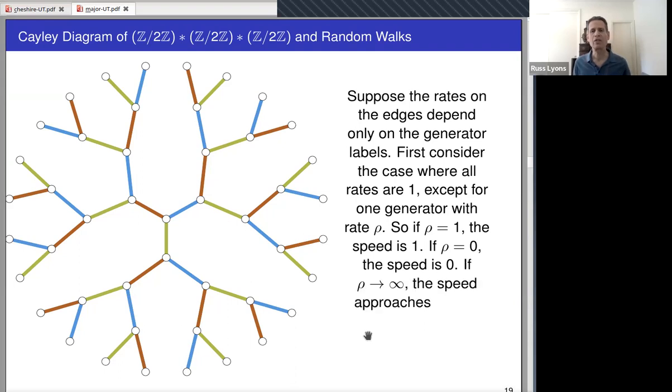What if rho tends to infinity? What is the speed going to approach? So if the blue edges have rate tending to infinity, that means now every vertex is incident to a blue edge because this is a nice Cayley graph. Everywhere it is, it's going to cross very, very frequently and then leave by one of the other edges.